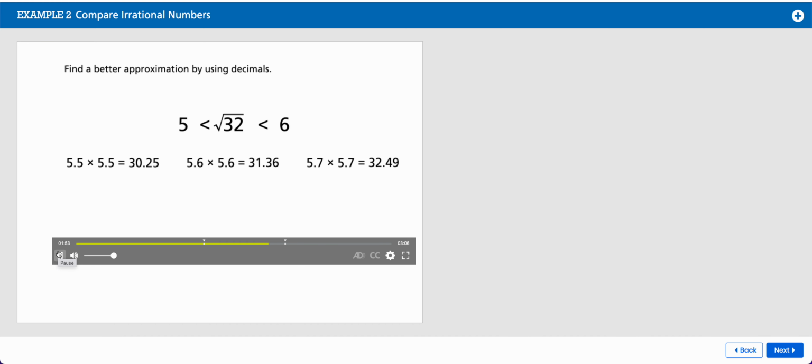The squares of these decimals show that the square root of 32 is between 5 and 6/10 and 5 and 7/10.